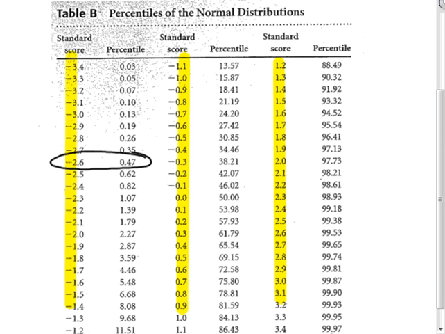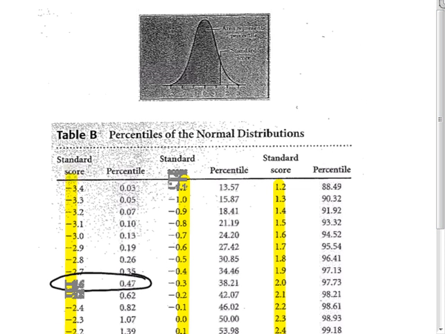So negative 2.6 corresponds to my percent. Now, it's important that you understand how to read your table. Most tables will give you a key above it, but it gives me from that value down. That's hard to see on the black. So it's from that spot down. So it will tell me from that z-score down towards the end in the negative direction.